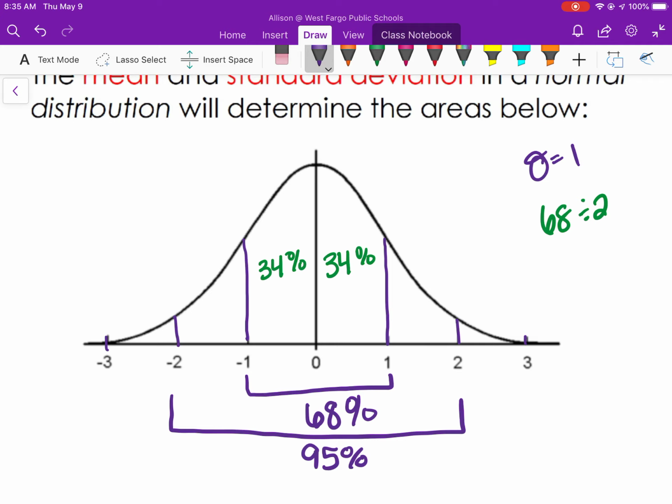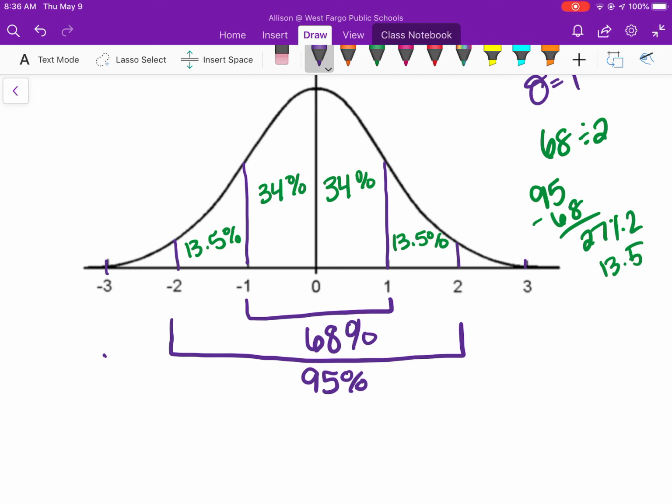I can figure out what goes under the curve in each of those boxes. If I take 95 and subtract 68, that leaves me with 27% between those two. So 27 divided by 2 is the 13.5. So that's how I get the 13.5% here and the 13.5% here.